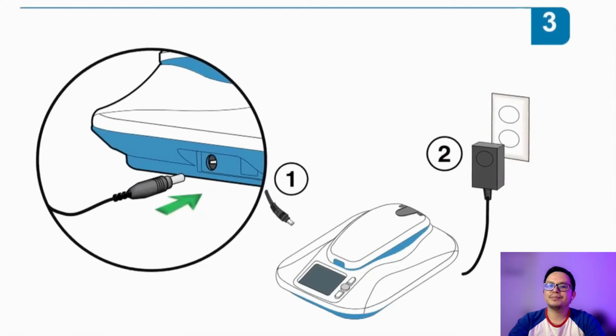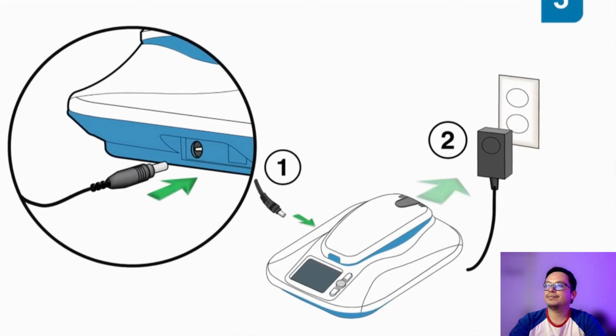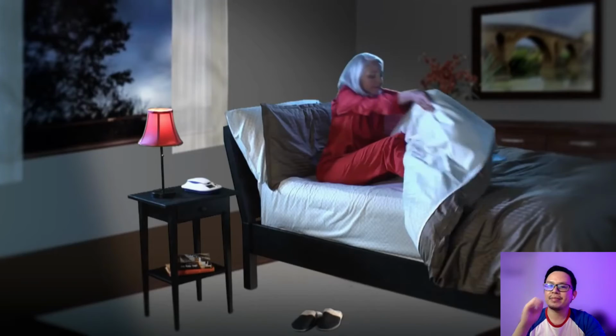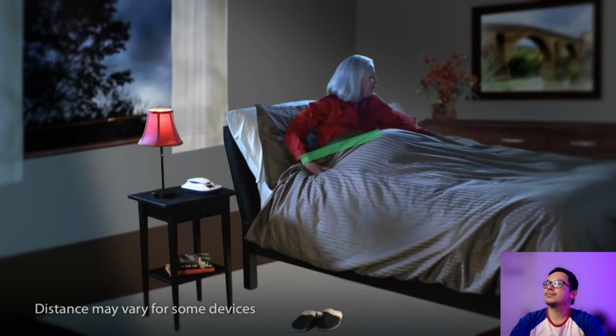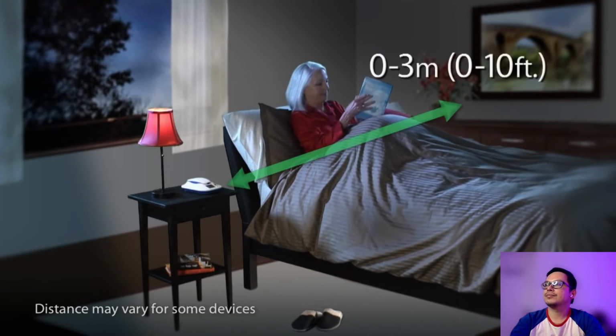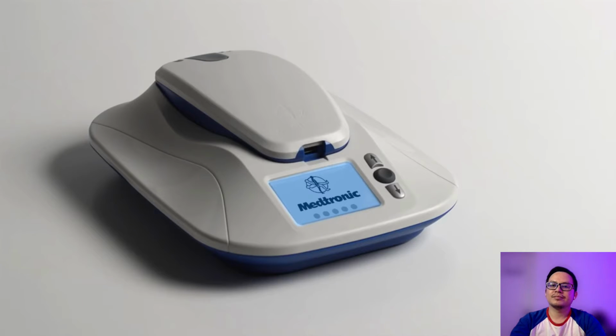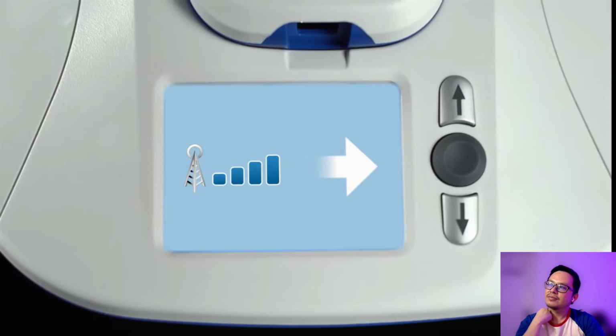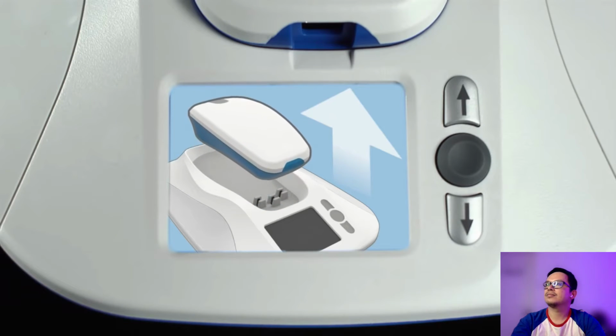Set up and plug in, 10 feet from where you sleep. Now, you're ready to transmit. Remember to do transmissions as directed by your doctor or clinician. To begin, push the Accept button. You don't need a cell phone, but you do need a cellular signal.